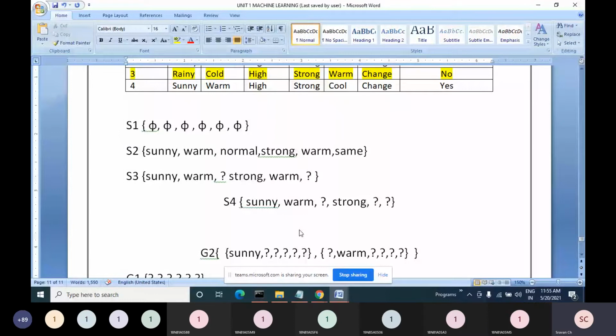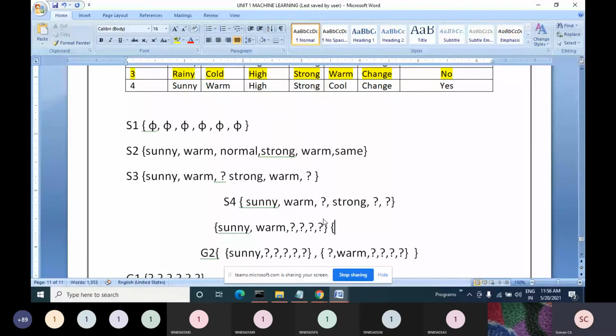What is that? See here, I can write something like this. I'm trying to create a new hypothesis: sunny, warm, question mark, right? Look at S4. In S4, I have sunny, warm, question mark, strong, comma, 2 question marks. Now, by looking at my G2, I can use a question mark also in place of strong, followed by 2 more question marks. So this is one possible hypothesis.